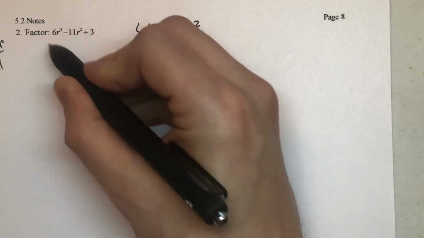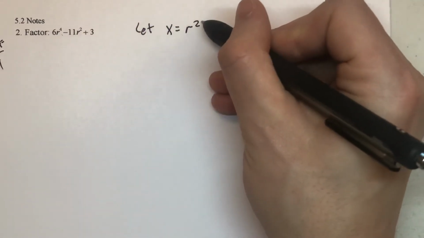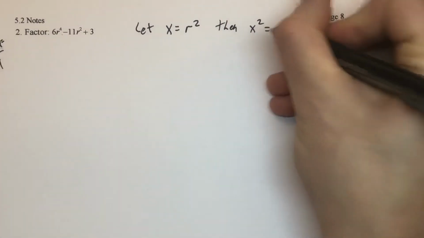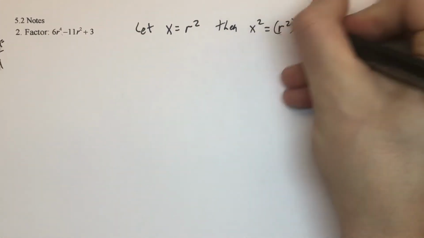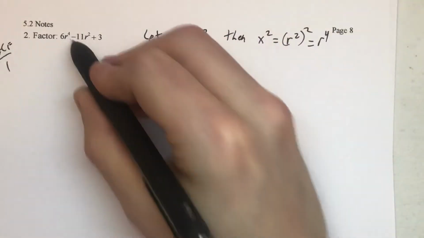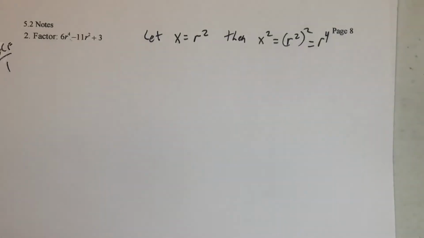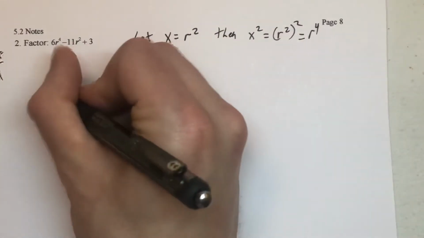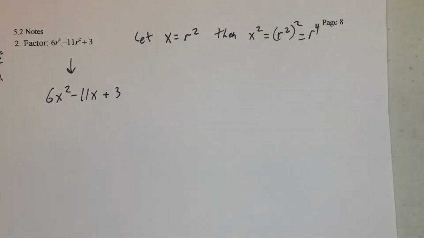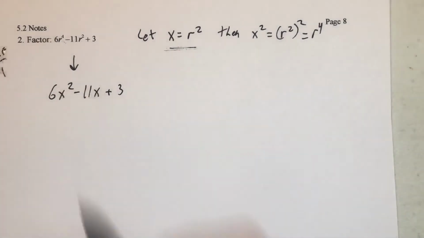If this is supposed to be an x squared term, if x is r squared and I want x squared, I'll even just write this off to the side, then x squared would be r squared squared, which would absolutely be r to the fourth. So x can represent r squared, x squared can represent r to the fourth, and we can do that substitution and get this to be 6x squared minus 11x plus 3. So that substitution there, we'll come back to in a minute, gets us into that form.